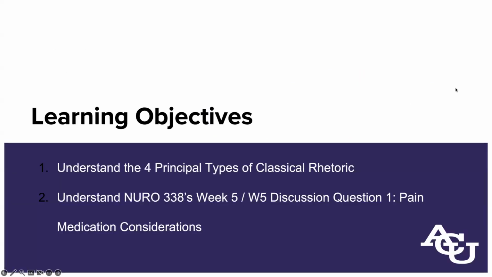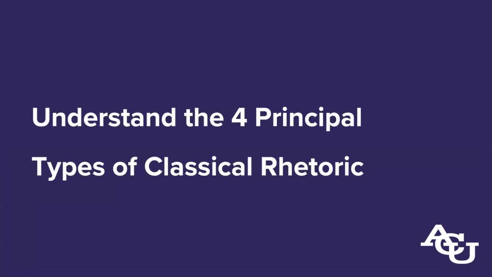All right, we're going to be looking here at first the four principal types of classical rhetoric, and then we're going to look at a discussion board assignment and how those might come up. So, what do I mean by the four principal types of classical rhetoric? Well, if you look back about 2,500 years into the classical Greek antiquity, you have these philosophers and authors, rhetoricians, of which names like Plato and Aristotle are still well known today.